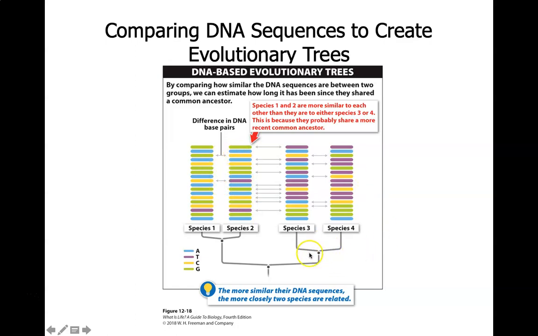Species 3 and 4 have diverged a bit farther back, and you would come to that conclusion based on the fact that there are more differences between 3 and 4. Now between species 2 and 3, you have a lot of differences. This indicates that their common ancestor that shared a common DNA sequence existed much farther back.